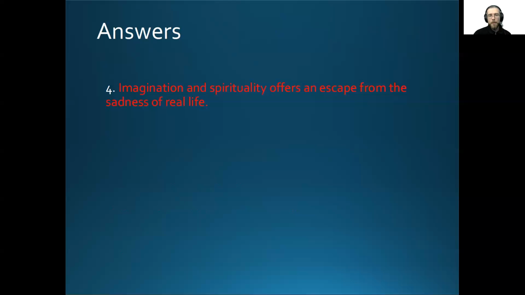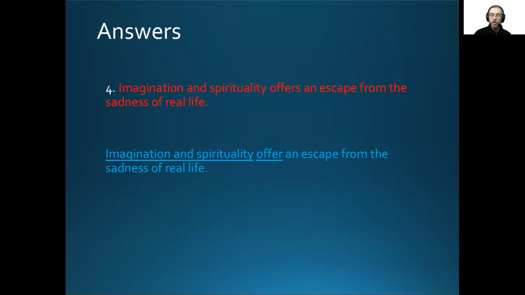It tells us how prevents should be conjugated. Example 4, imagination and spirituality offers an escape from the sadness of real life. It's the same basic issue here. Imagination and spirituality, they're two separate things. They could be replaced by the word they or the pronoun they. So, imagination and spirituality offer an escape from the sadness of real life.